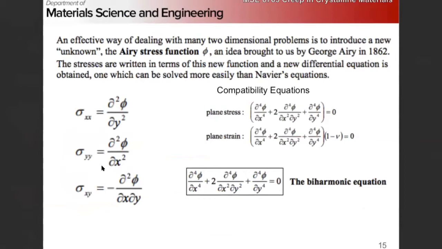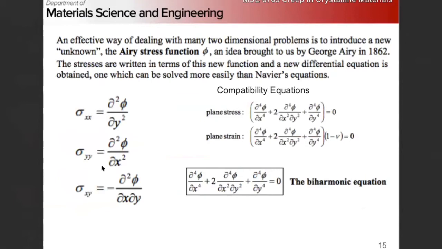We rewrite our variables with this new variable, in polar coordinates chi. It goes back to Airy in 1862. We write our stresses in terms of this new function, and then we have a new differential equation that can be solved more easily than the classical elasticity equations.